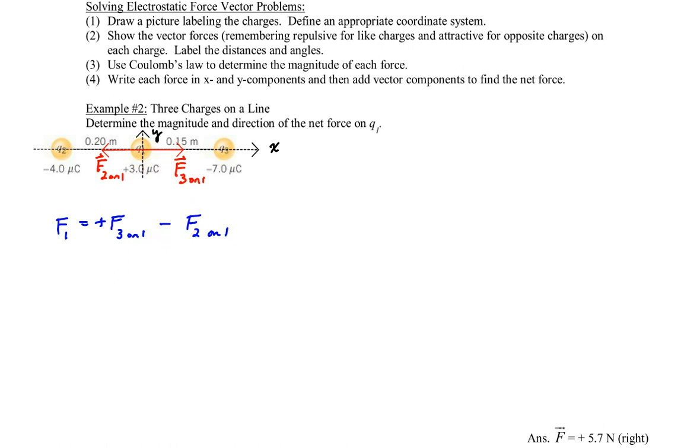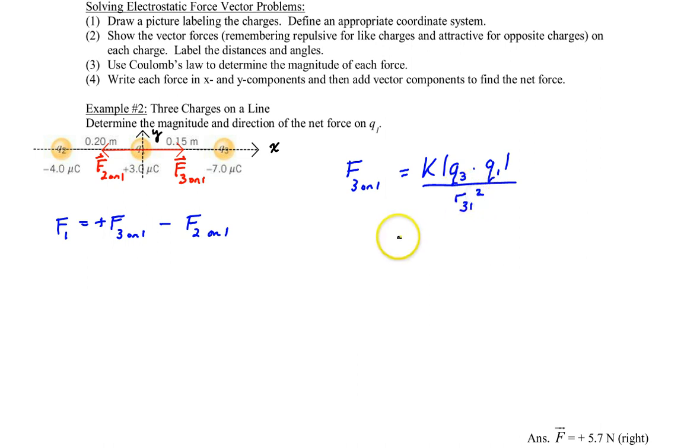Now what we need to do is to use Coulomb's law to determine the magnitude of each force. So the force of 3 on 1 is equal to K, Coulomb's constant, times the absolute value of Q3 times Q1, all over the distance between 3 and 1, so I'll write that as R31 squared.